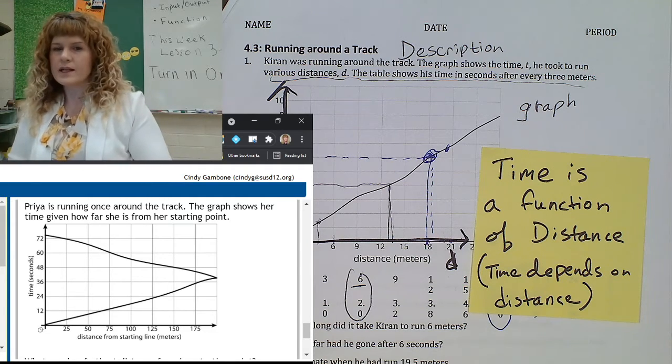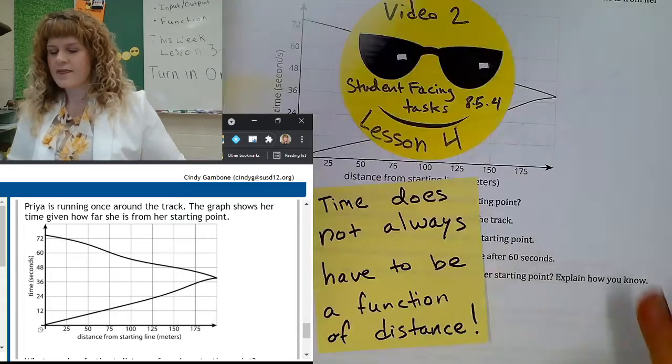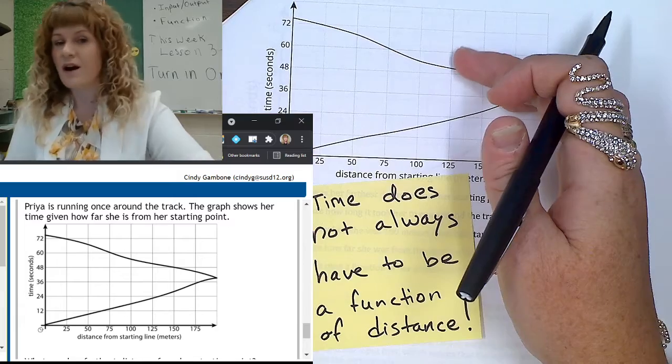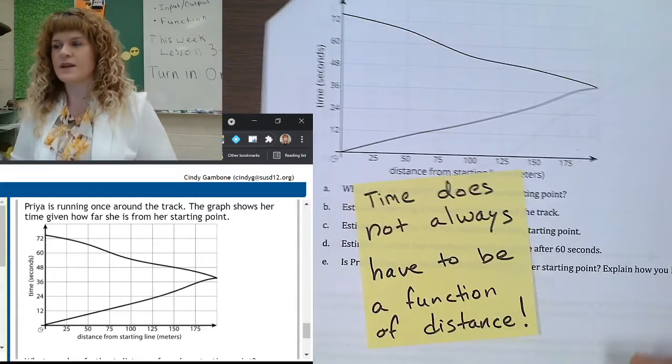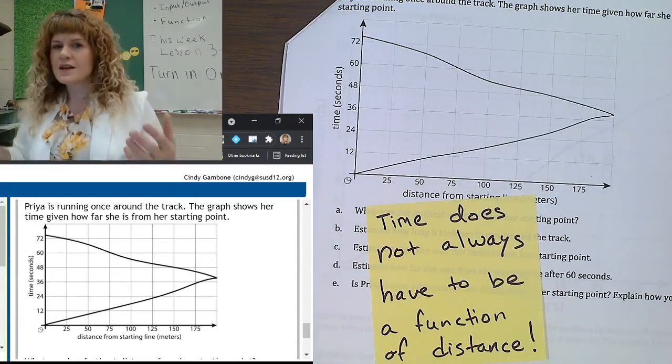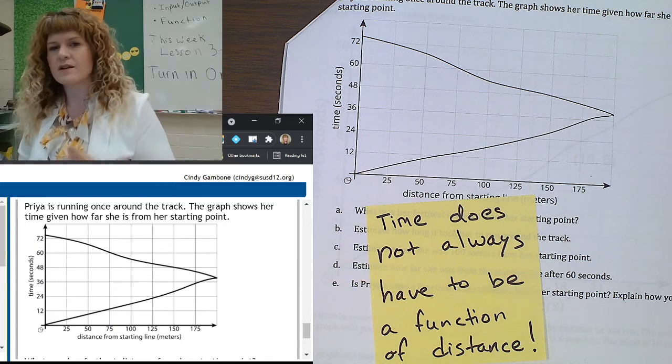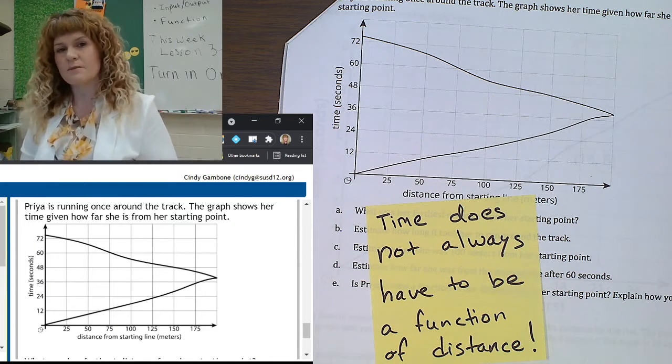Now, we're going to look at another graph. And this graph shows you that time does not always have to be a function of distance. Sometimes the time it takes doesn't depend on the distance away from the starting point.